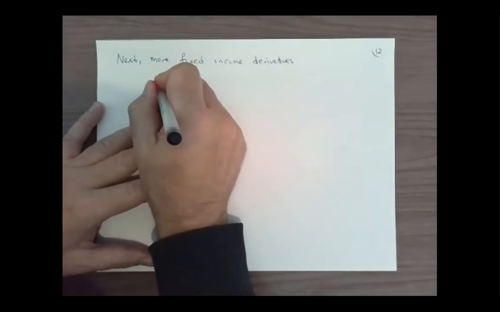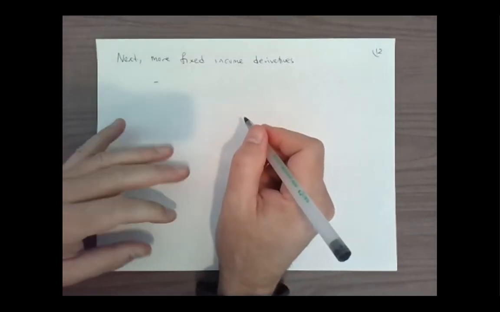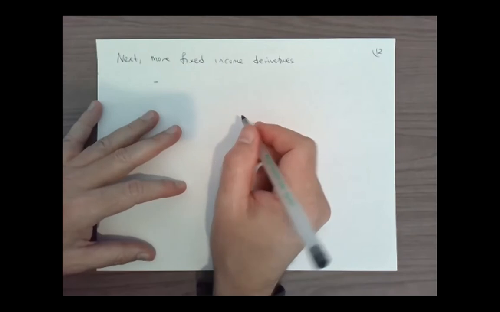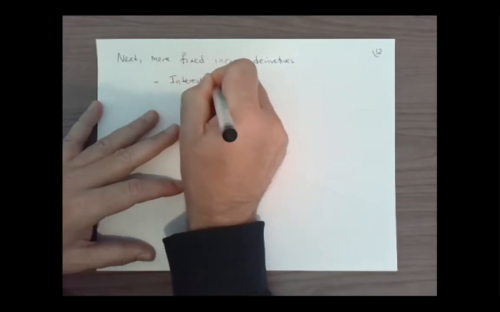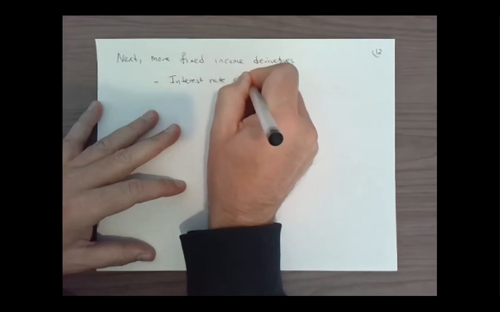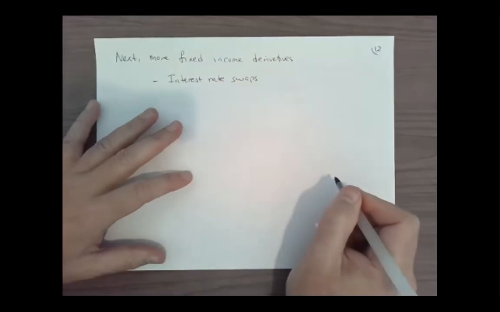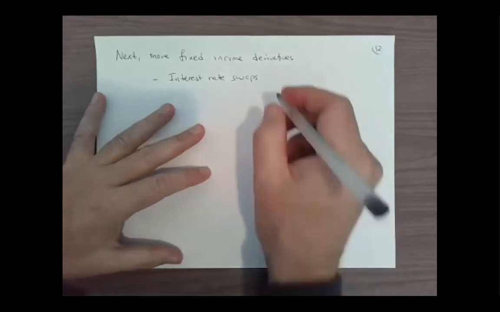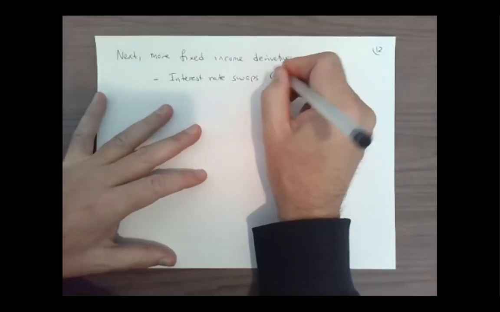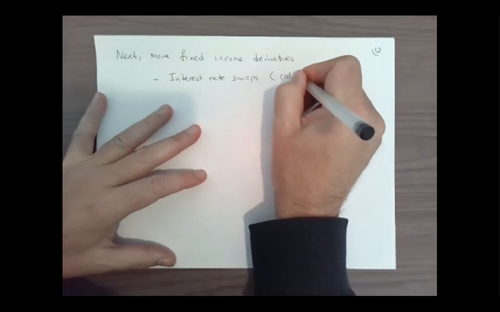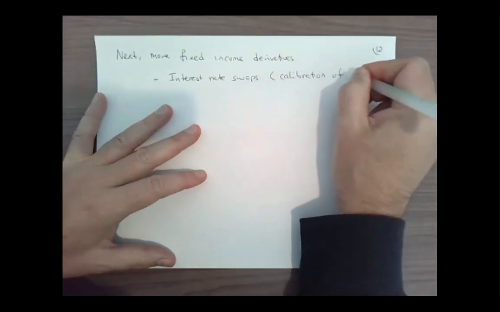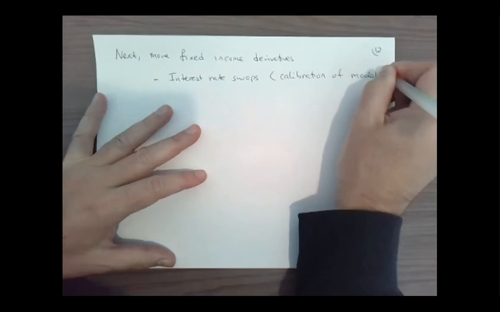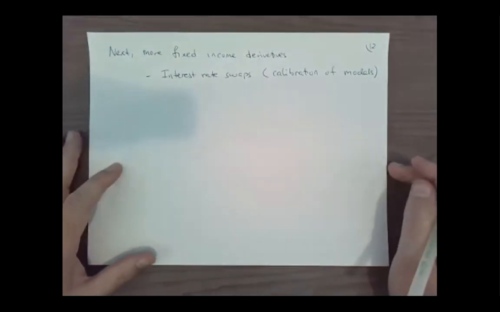A very large class of assets is interest rate swaps. These swaps are very important for calibration. They're quite important for that.